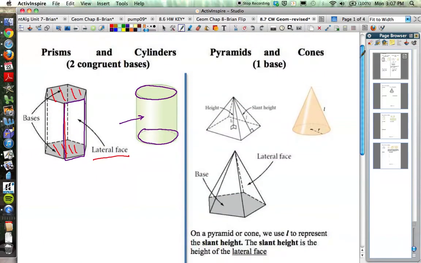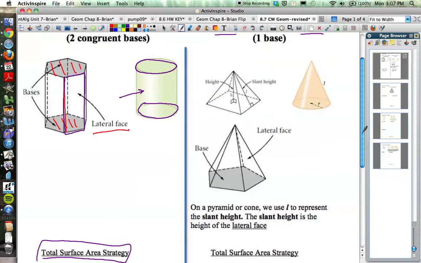When we're looking at a pyramid or a cone, we are looking at the object that comes to a point called the vertex, usually on the top of the shape. So within the pyramid, we have these triangular lateral faces. It's right here.